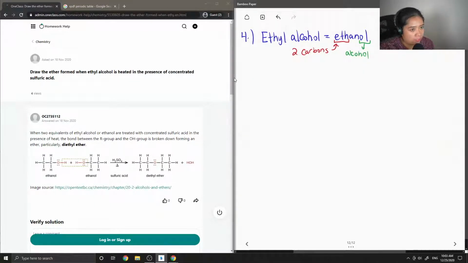So when we have ethyl alcohol, I'll draw out the structure. So again, it is 2 carbons. There is an alcohol group. And then the rest of the carbons just have hydrogens.